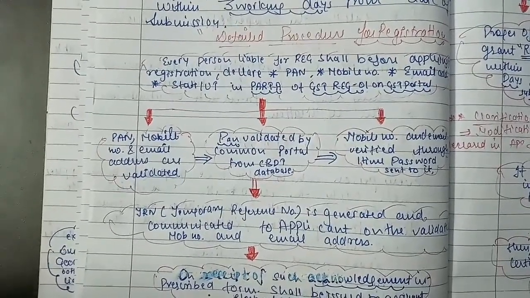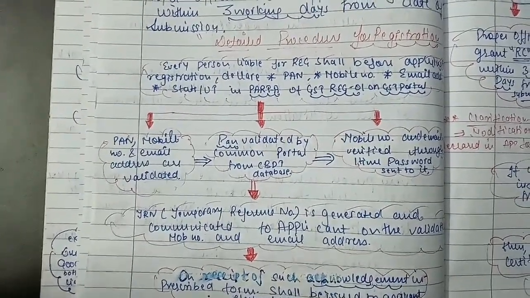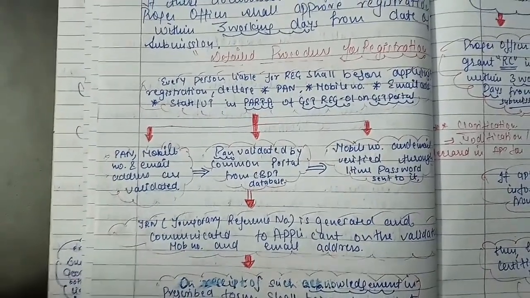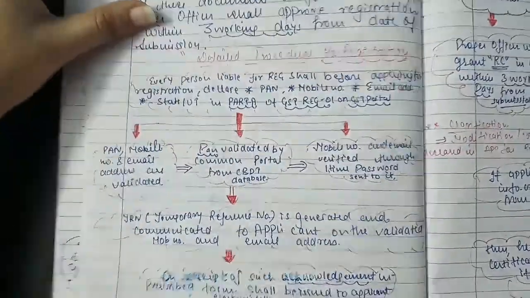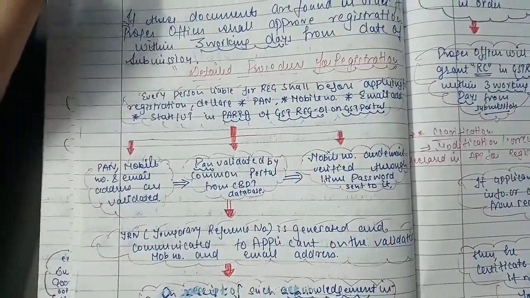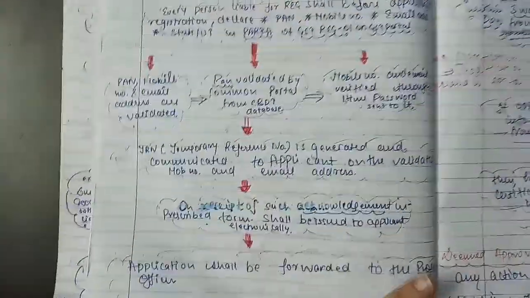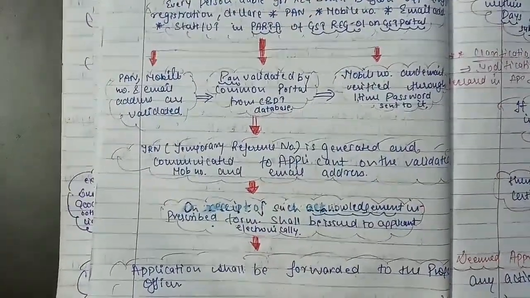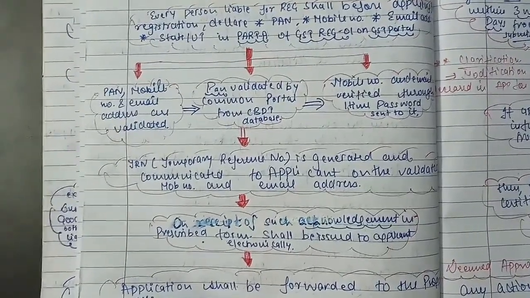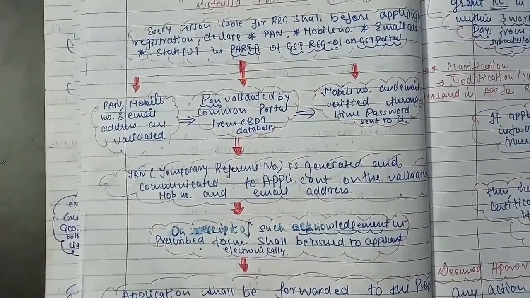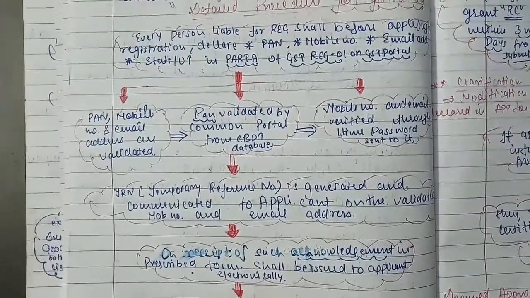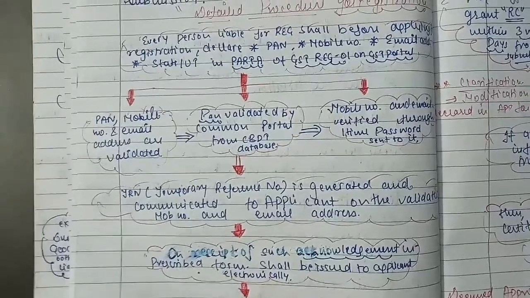PAN is validated by the common portal from the CBDT database, that is the Central Board of Direct Taxes database, and mobile number and email are verified through the one-time password sent to them. After it, the temporary reference number is generated and communicated to the applicant on the validated mobile number and email address. On receipt, an acknowledgement in the prescribed form shall be issued to the applicant electronically.